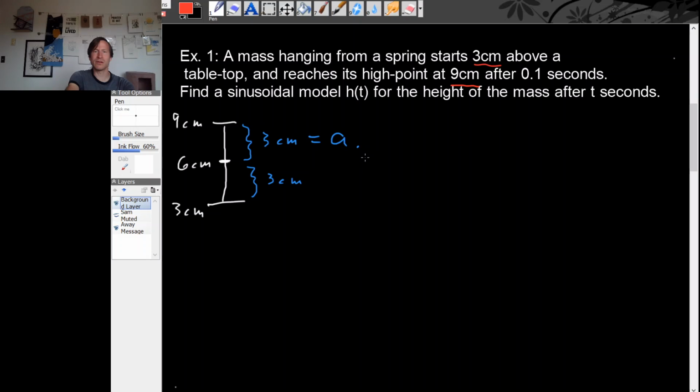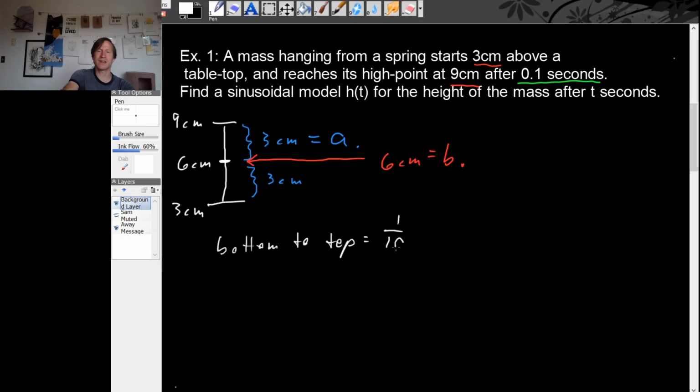Also, the middle of our oscillation is 6 centimeters. And so that's going to be the mean, B. So that's our vertical shift. Okay, finally, looking at the amount of time it takes. It takes 1/10 of a second to go from the bottom to the top.